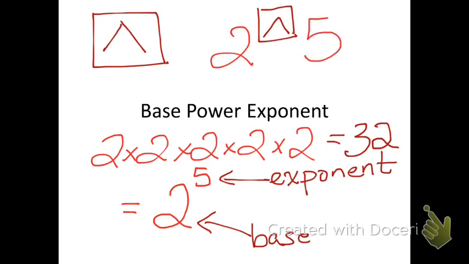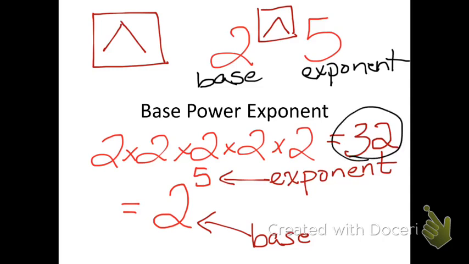Once again, you have your base and you have your exponent. Okay? So 2 caret key 5 should equal the number 32. Go ahead and try it and see if it works.